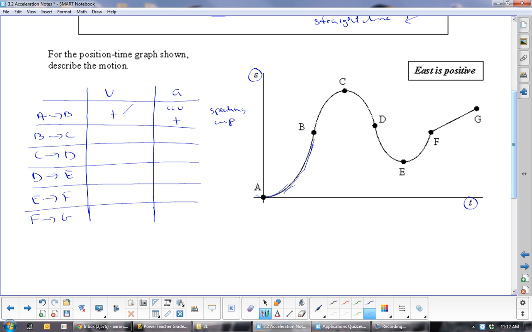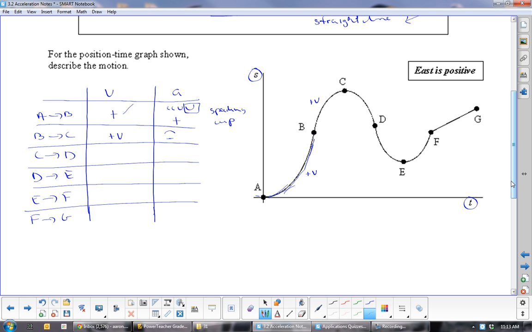Okay, let's go from B to C. My velocity, positive or negative? Positive velocity there, right? What about my acceleration? Okay, because we're concave down. Or actually, we can just start doing this, right? Concave down, that's concave up. So that's negative.